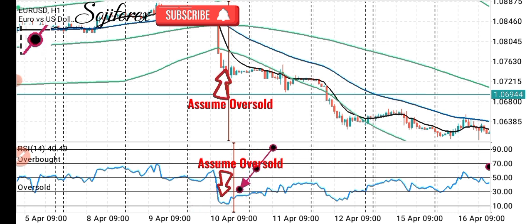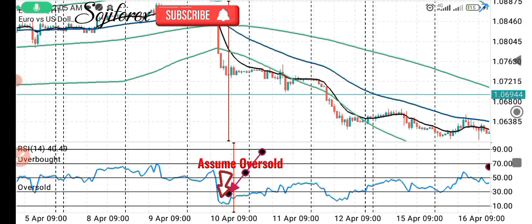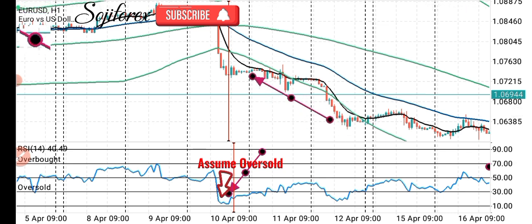Now you see this same overbought zone, still buying, still selling. You can see that despite this, the price is still going down. So why is this price still going down this way?